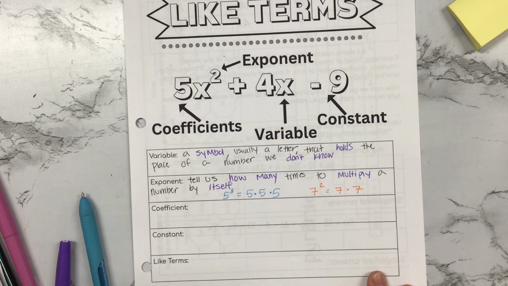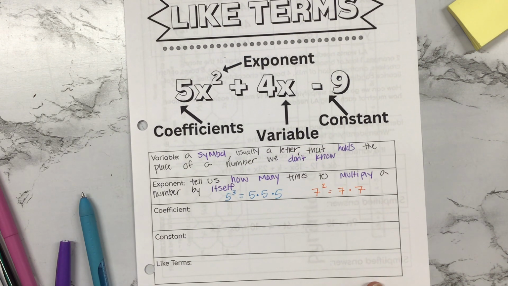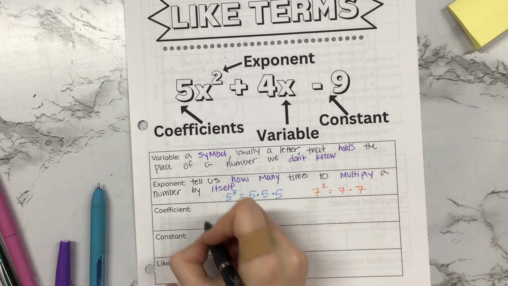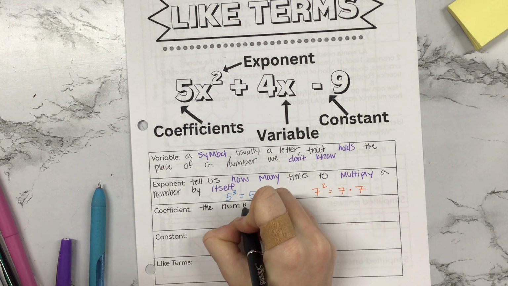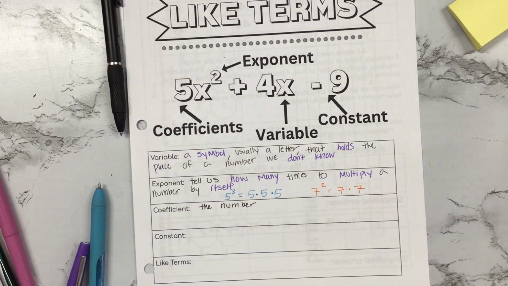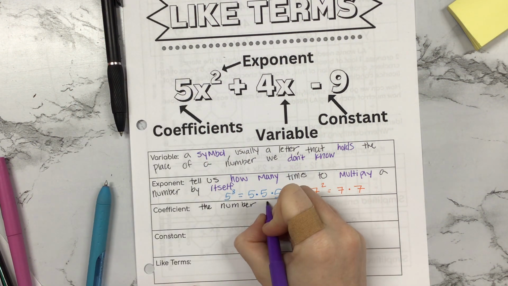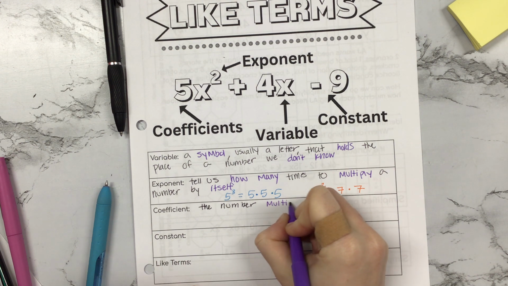So then the next thing that can be attached to a variable is called a coefficient. And it is the number that is multiplying the variable.